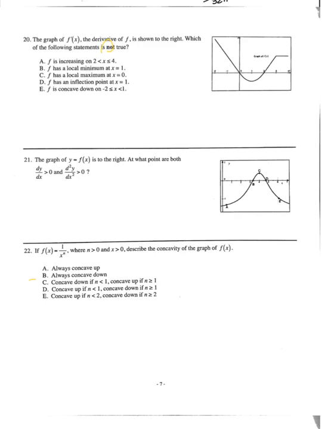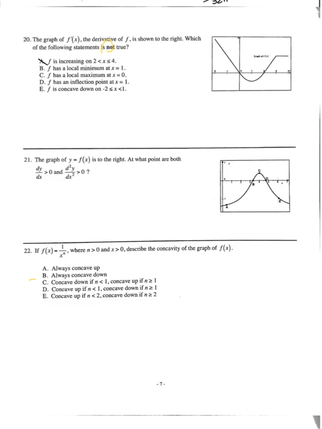Okay, number 1. This is the graph of the derivative. Keep that in mind. So is f increasing from 2 to 4? Well, because the derivative is positive, it would be increasing. So that's not the answer because we're looking for something wrong, wrong math. Okay, f has a local min at 1.